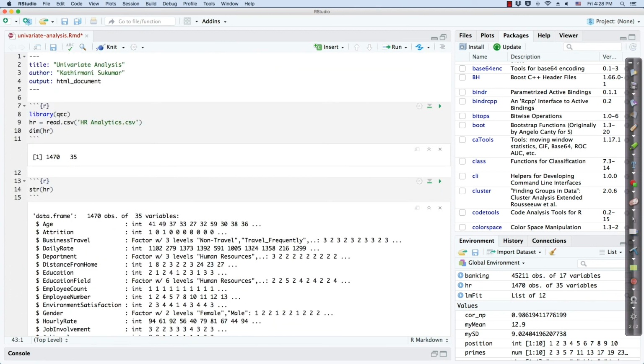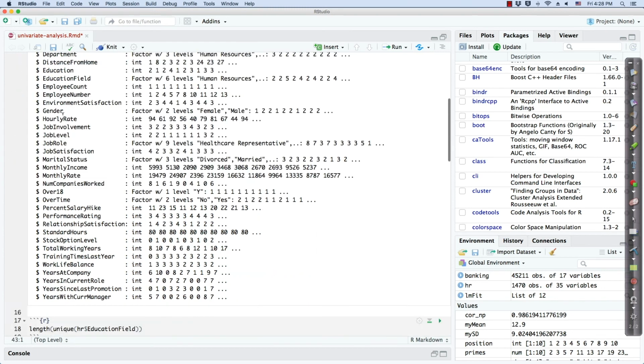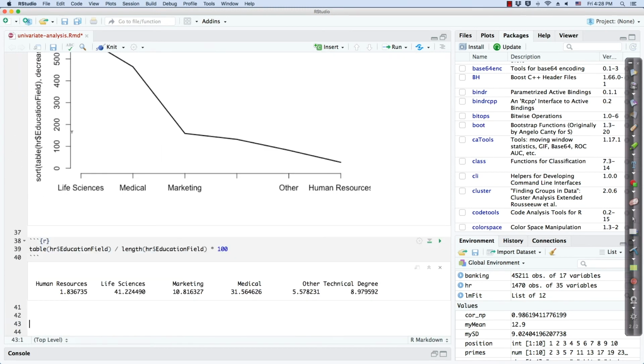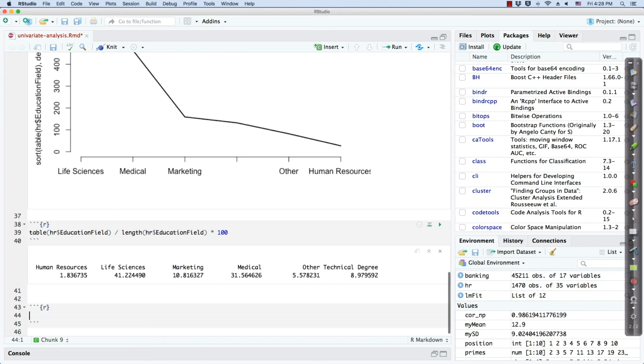So, you can just do install.packages and give QCC as an attribute. Under the QCC library, we have a useful chart called Pareto chart, to which we just have to pass the output from the table command.